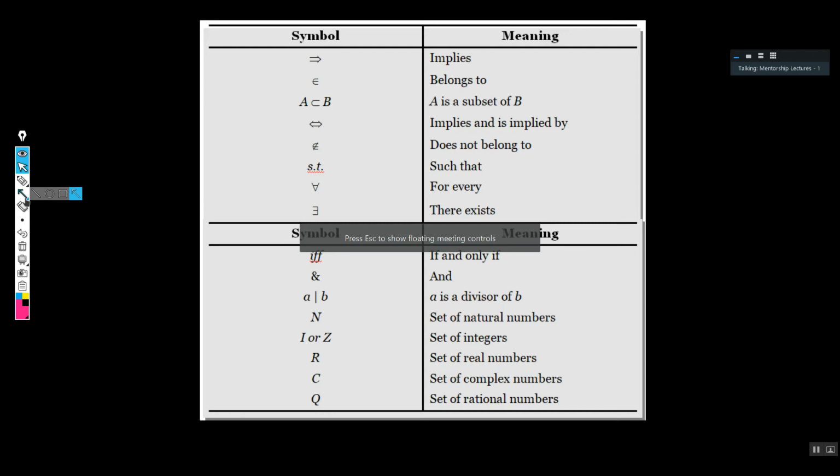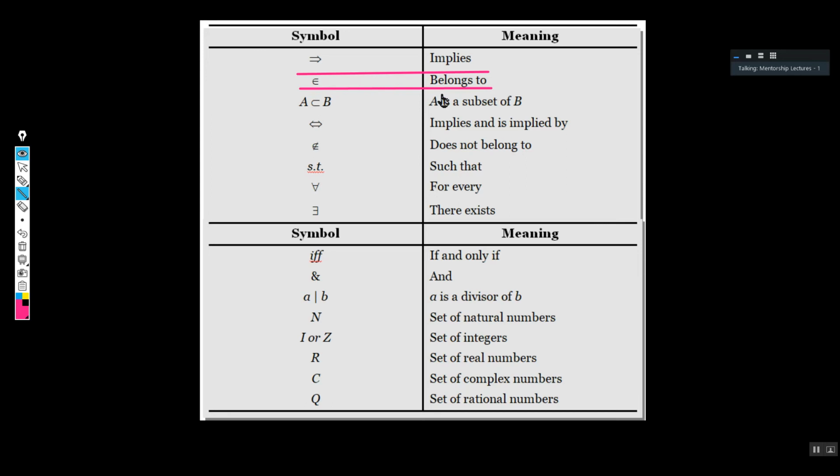So let me read each one. This I need not explain. It is implies. This belongs to. This is, as we are learning further, A is a subset of B. What does it mean? A is contained in B. PCM is contained in MJ.